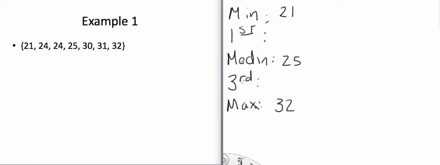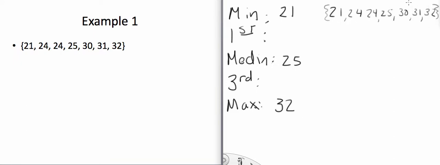Now we don't know what the first quartile and third quartile are. In this data set we've got 21, 24, 24, 25, 30, 31, and 32. That is our data set.